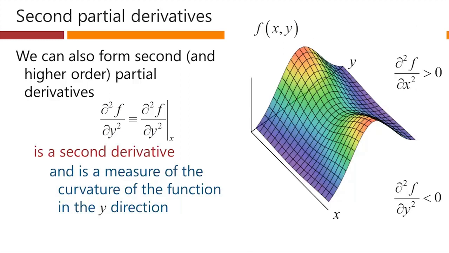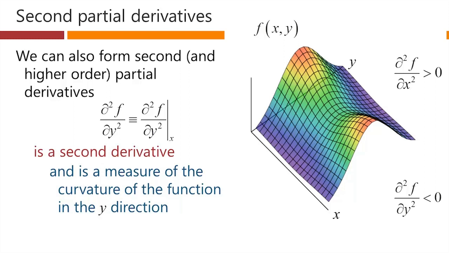And it's also possible to have functions where one of the second partial derivatives is positive and the other one is negative. So here, as we are going along the x direction, for example, suppose we're in this region here, we're going from a negative gradient along x, we're going downhill for positive x, to going uphill for positive x. So that's a positive second partial derivative, d2f by dx squared.